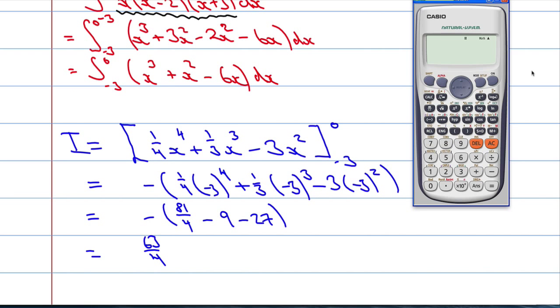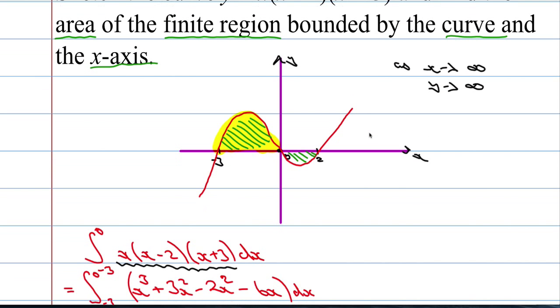Wonderful. Okay, so I know that the area under the curve here is 63 over 4.